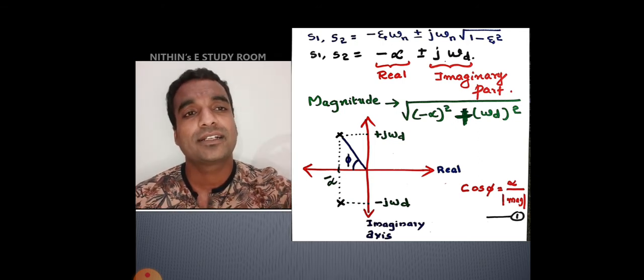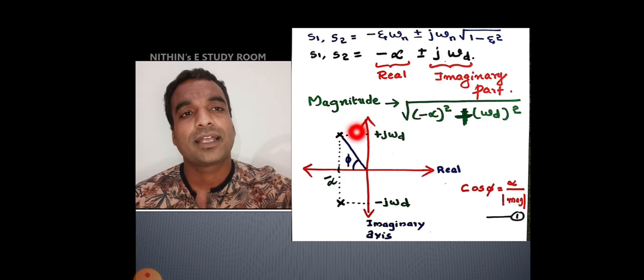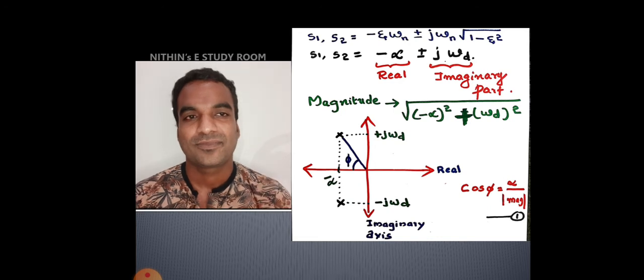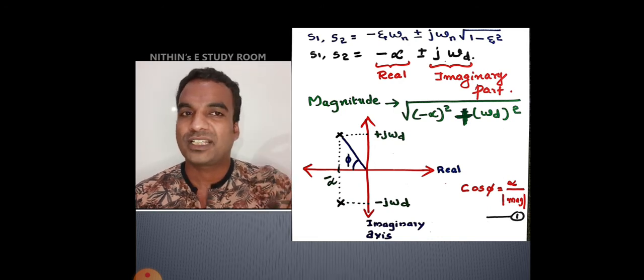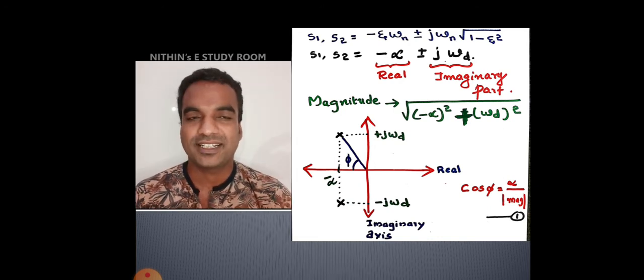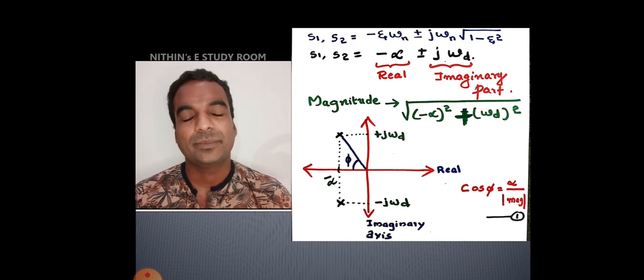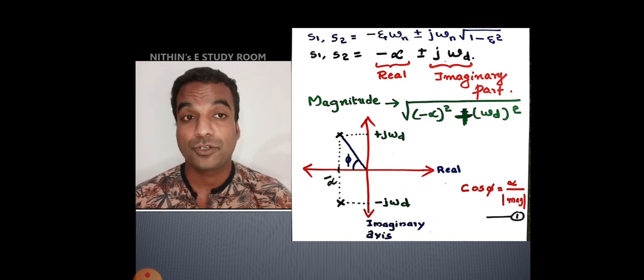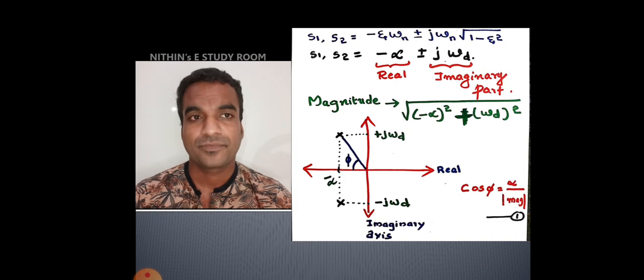And if eta is equal to 1, then phi is equal to 0. Phi is equal to 0 means this pole will move towards the real axis. Not only that pole, both S1 and S2 will move towards the real axis. And the system will be really stable because both poles are at the left side.